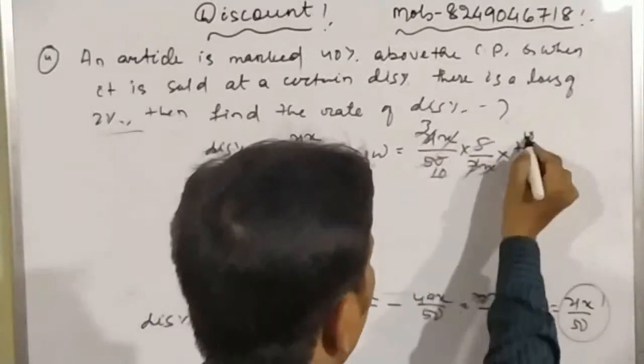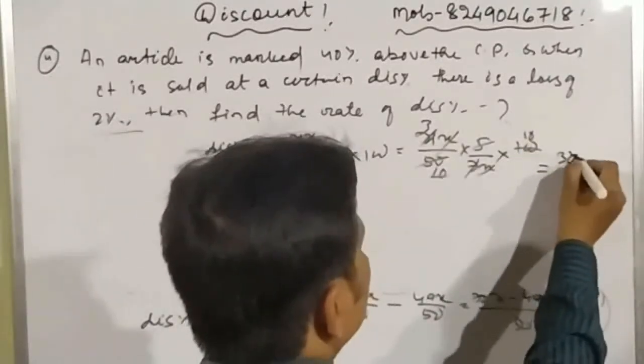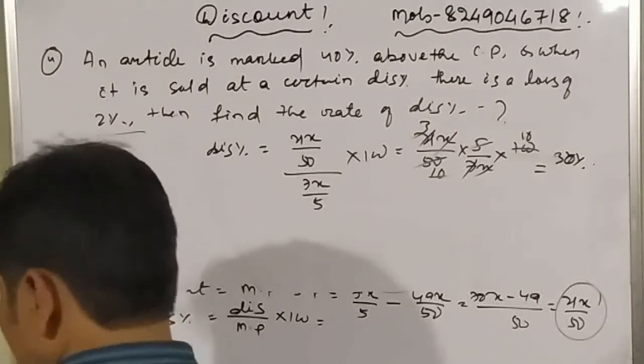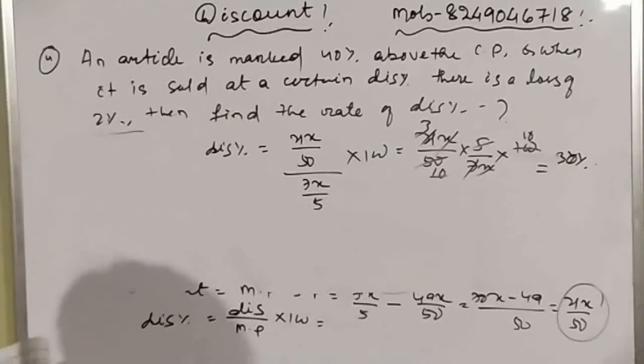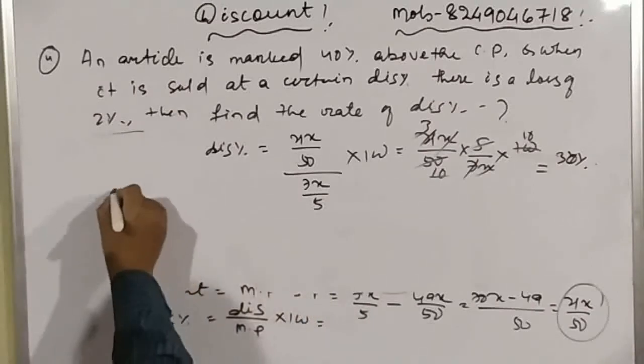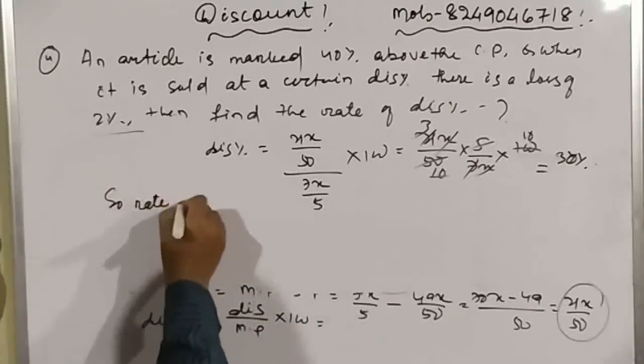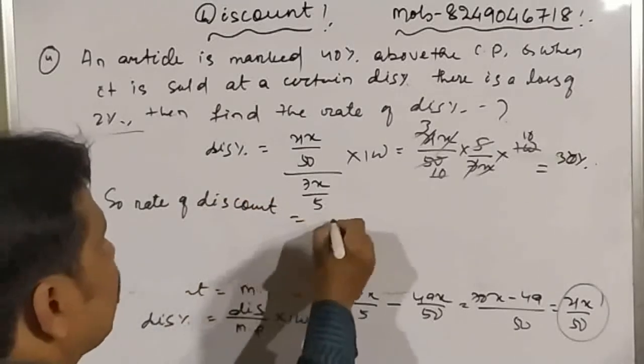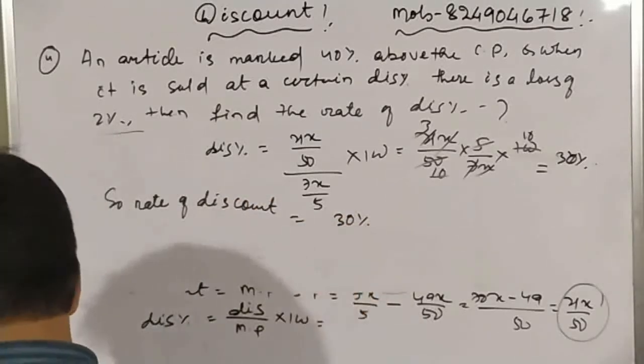Discount percentage equals 3 into 10, equal to 30%. Okay, student? So finally we can write: find the rate of discount. Rate of discount equals 30%. Okay, student?